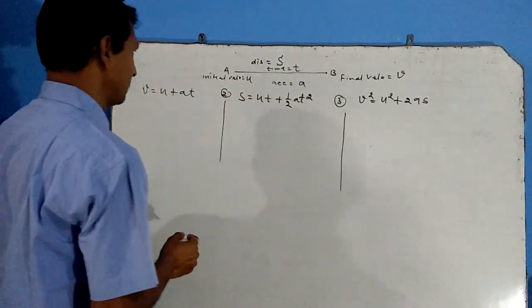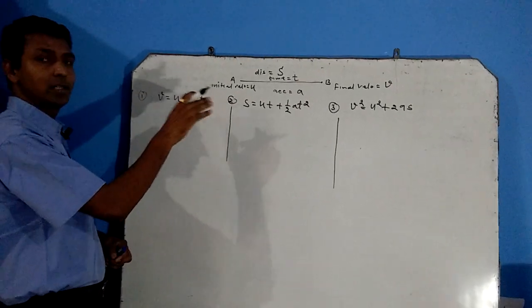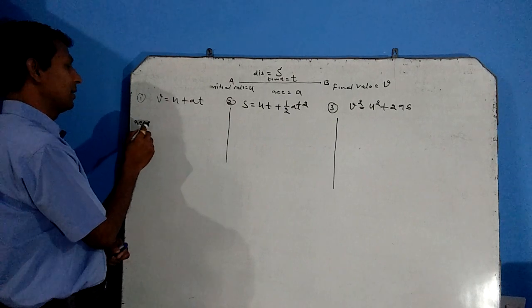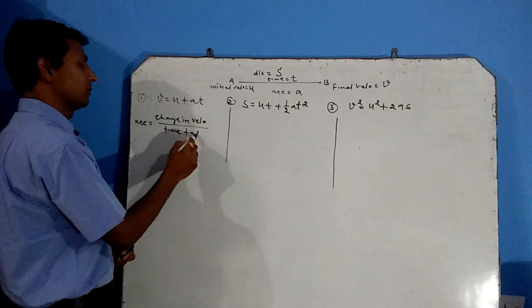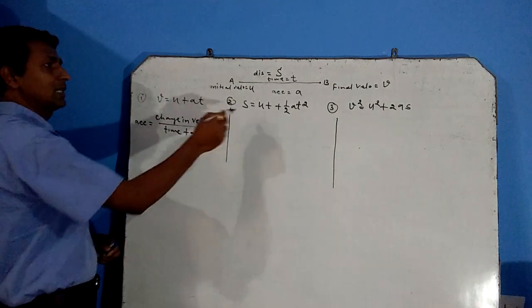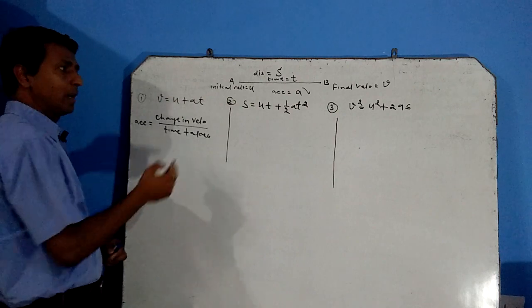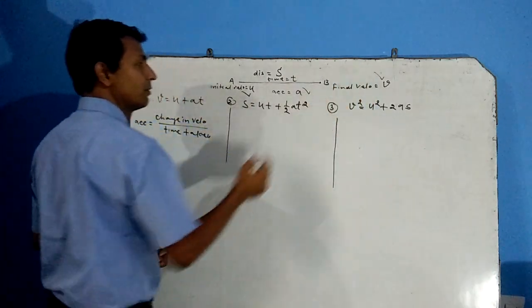So let's start. As I have told you, the motion is accelerated motion, and we know very well that acceleration is equal to change in velocity upon time taken. Friends, the acceleration produced is small a, the initial velocity is small u, and the final velocity is v.